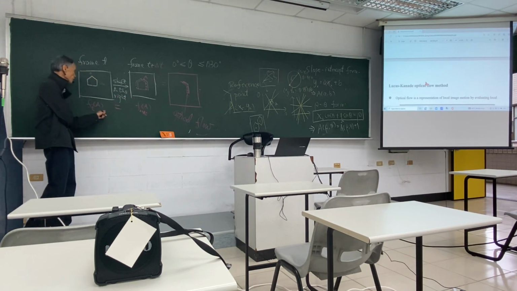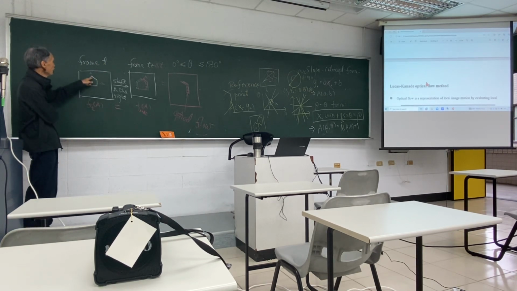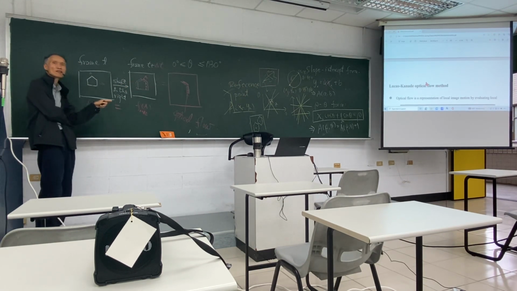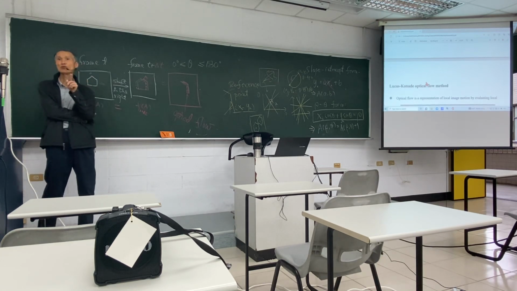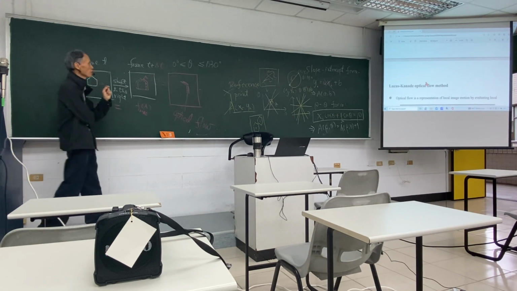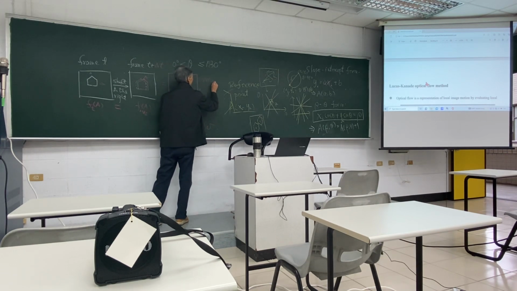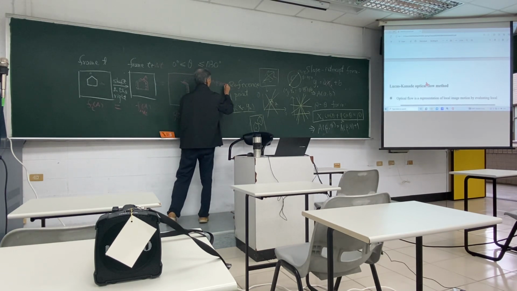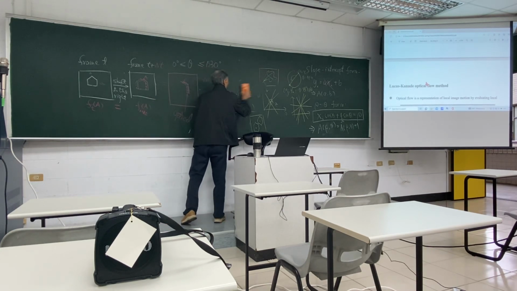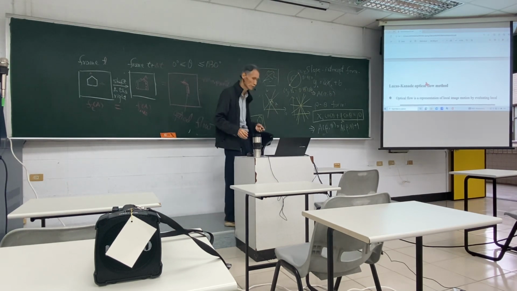Under the assumption that in a very short period of time, the same point at the current frame and the next frame retains its intensity, the difference is the movement for each individual pixel. That's the so-called optical flow.